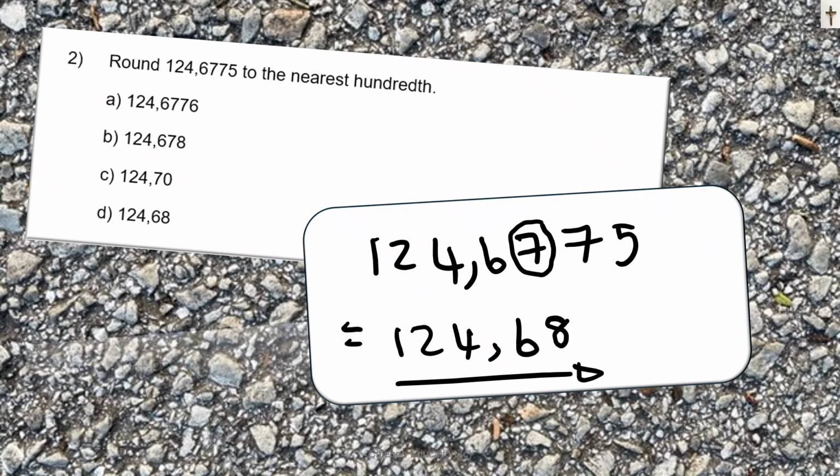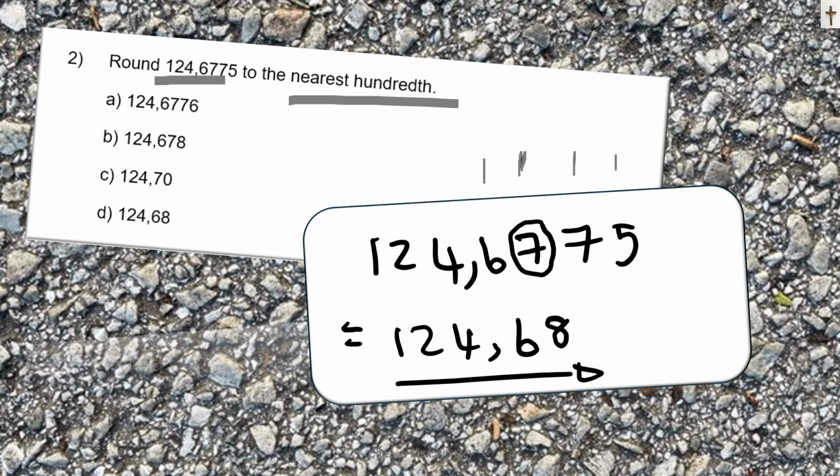Right, let's go on. Round 124.6775 to the nearest hundredth. So we've got tens, and then the 6 here represents tenths, the 7 is hundredths, the next 7 is thousandths, and the 5 is ten-thousandths.